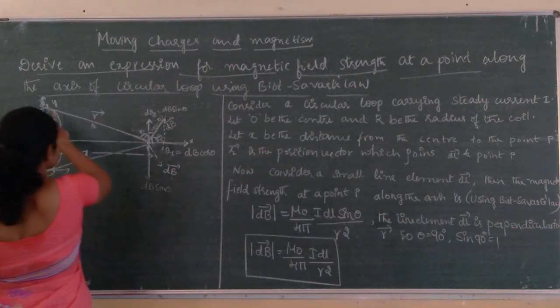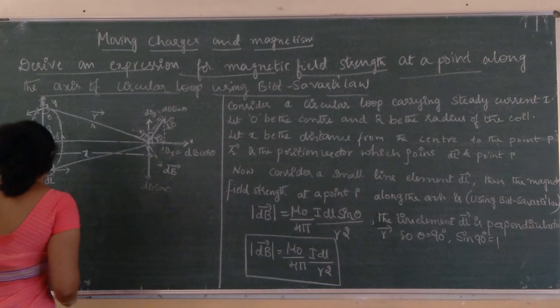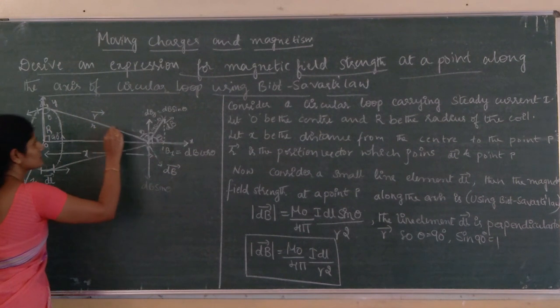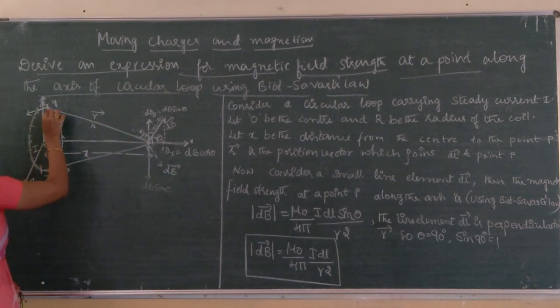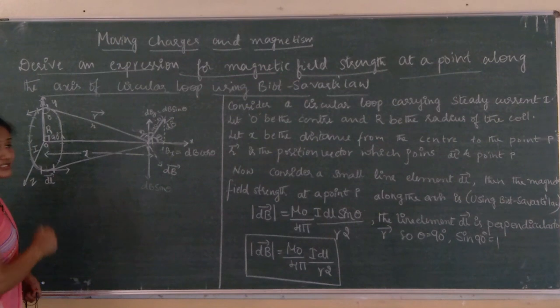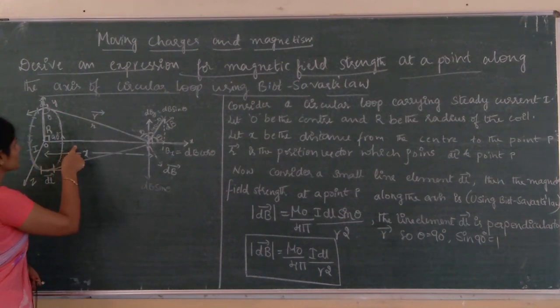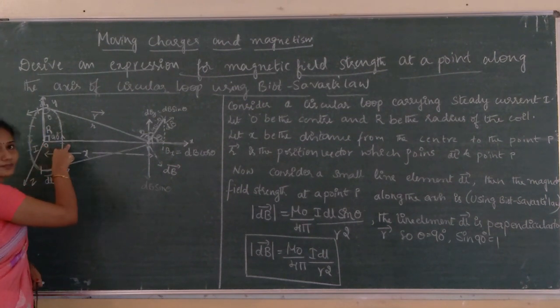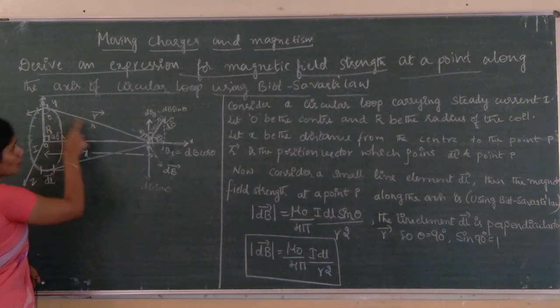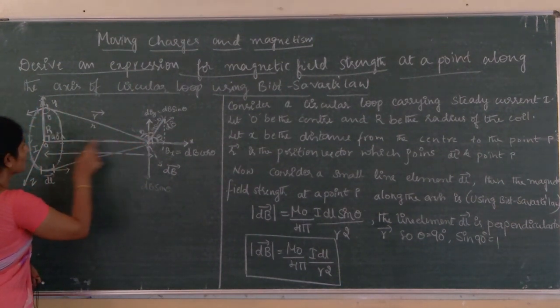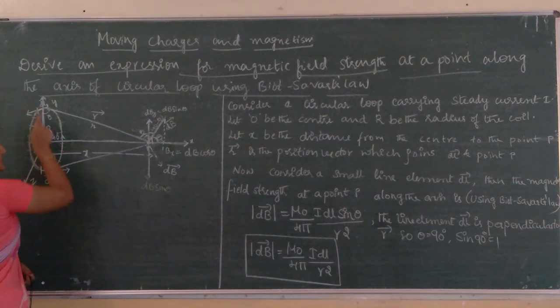So, we know that this is r. This is a right angle triangle because this angle is 90 degree, and this angle is theta. So, we can use Pythagoras theorem. According to Pythagoras theorem, the sum of squares of the two sides must be equal to the square of the hypotenuse. This is hypotenuse, this is opposite side, this is adjacent side.